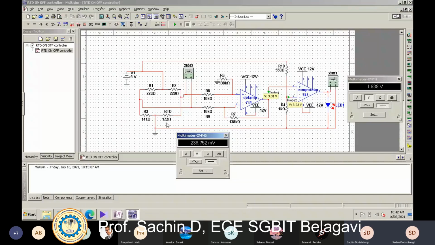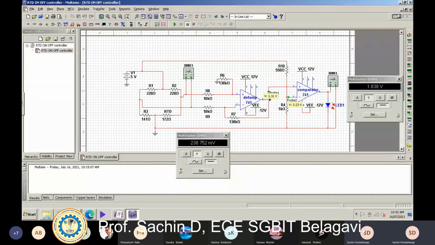I have taken slightly greater than that, so instead of 171 I have taken 172, so that the RTD resistance is more than at 100 degrees centigrade. Getting it?